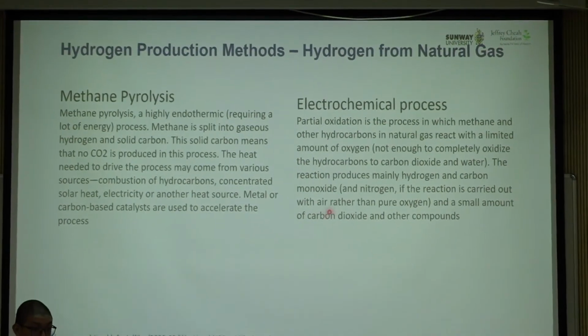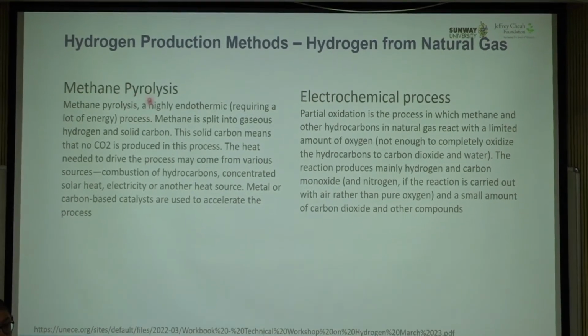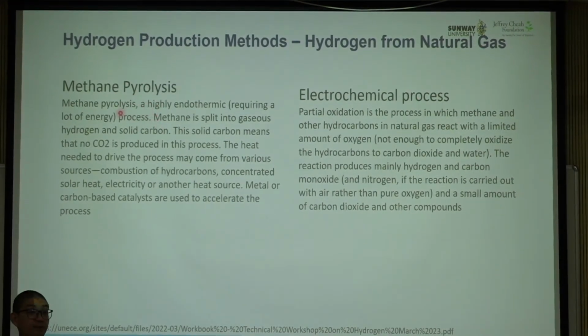From natural gas, there is also another method, methane pyrolysis, which is able to convert methane into hydrogen gas as well, as well as the electrolysis process.